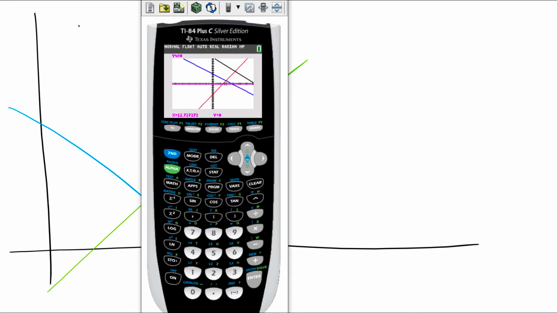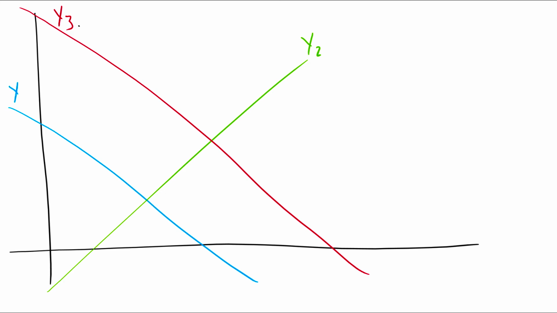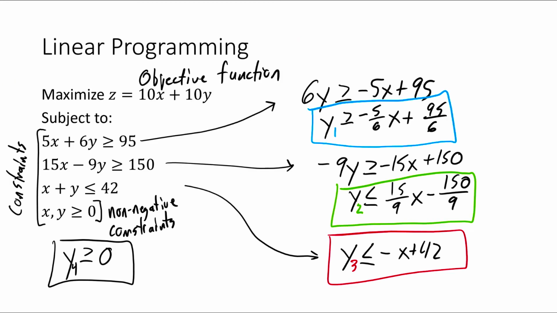All right, and then y3 was also a negative slope line, and it also crosses y2 above the x-axis. All right, so let's label these. That was y3, this one's y2, and then y1. All right, so now let's go back to our inequalities.